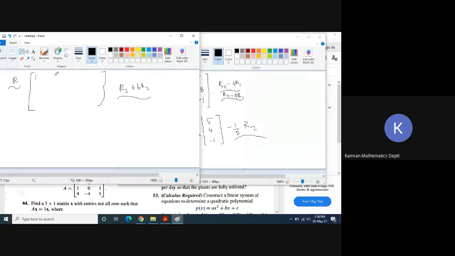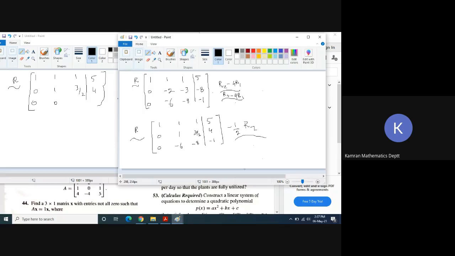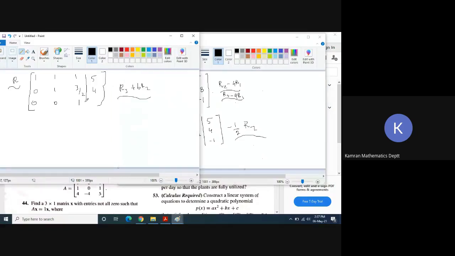So we will get 1 1 1 and 5; 0 1 3 by 2 and 4; 0 minus 6 plus 6 is 0, and minus 8 plus 6 times this. So 6 into 3 by 2 is 9. So minus 8 plus 9 is 1. And minus 1 plus 24 is 23. So this is the required echelon form.